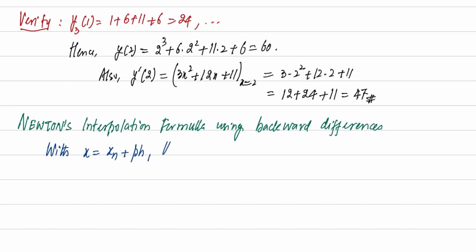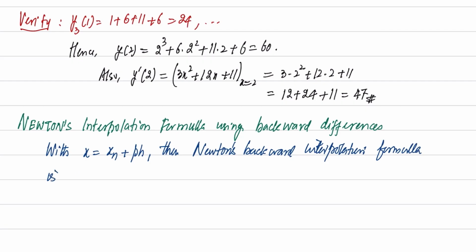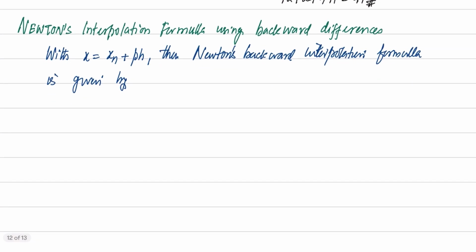Then Newton's backward interpolation formula is given by, now this is denoted again by yn of x.